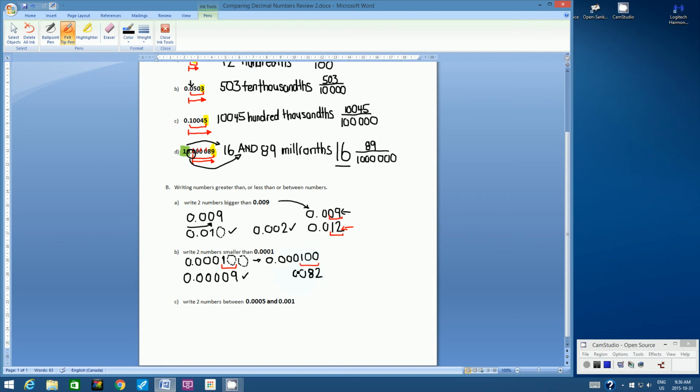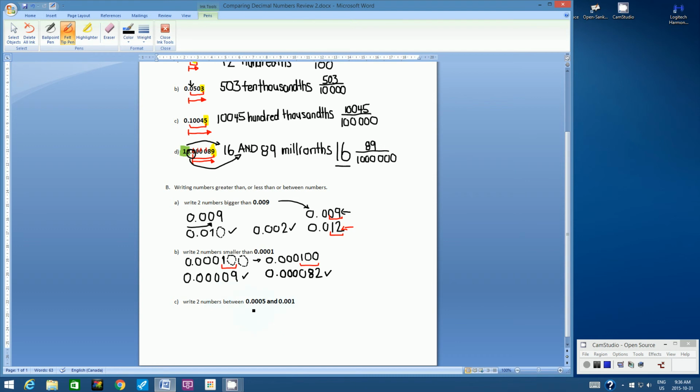Then I bring down all of the zeros here. And there we go. 0.0000082 is less than 0.0001. Okay? This answer is if you really understand your place value columns.